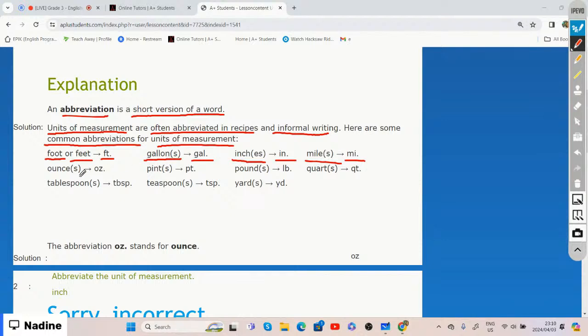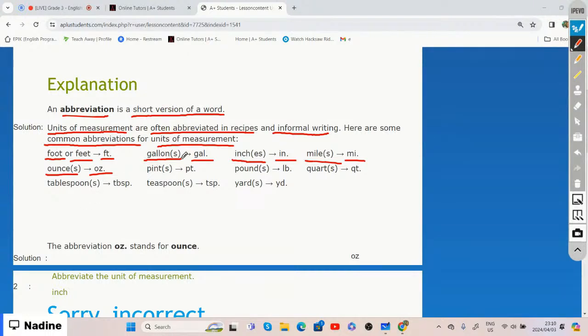If you want to mention how many ounces of something you need to throw in, then the amount of ounces, if we abbreviate it, is going to be oz period. Like I said, do not forget the period, because the period is an indication that we are abbreviating or shortening that specific word.